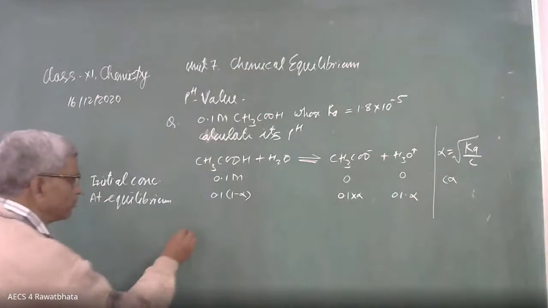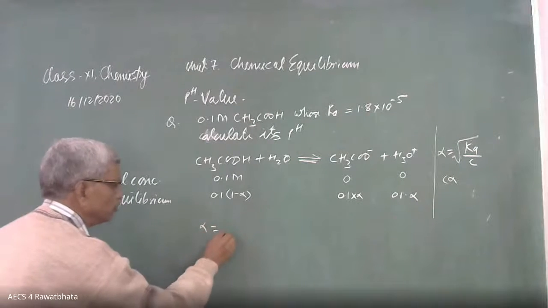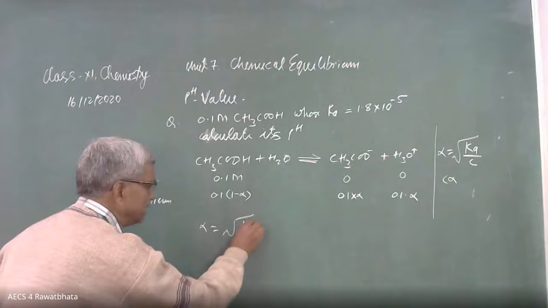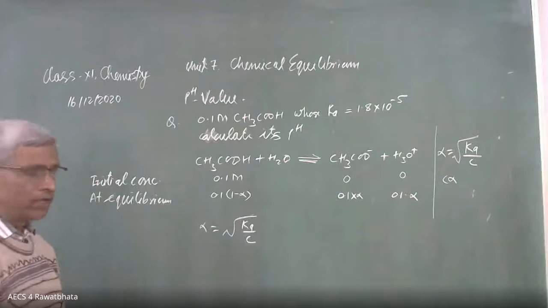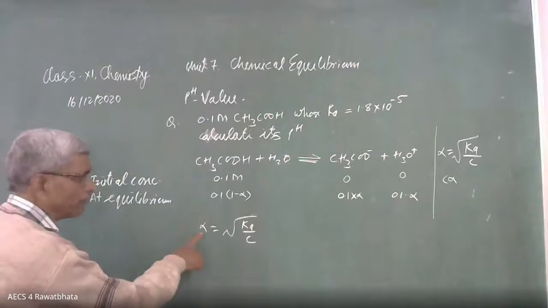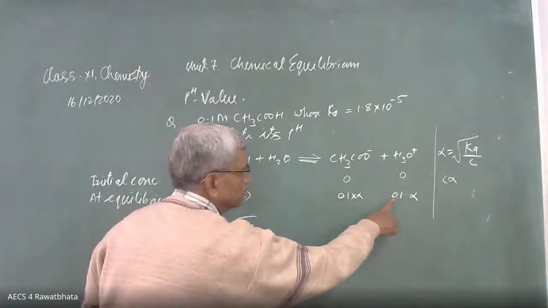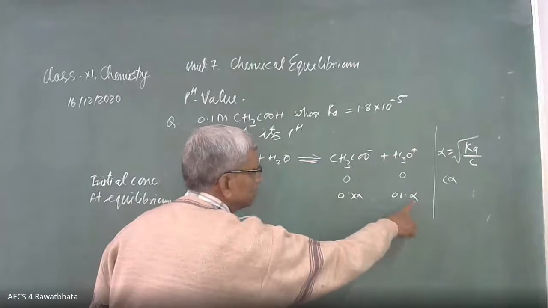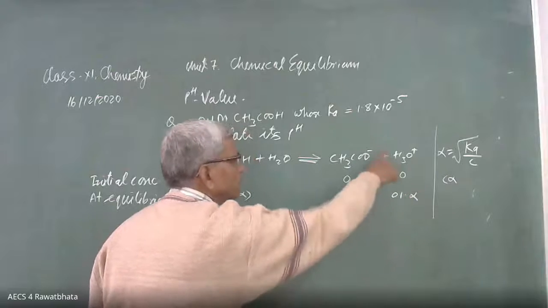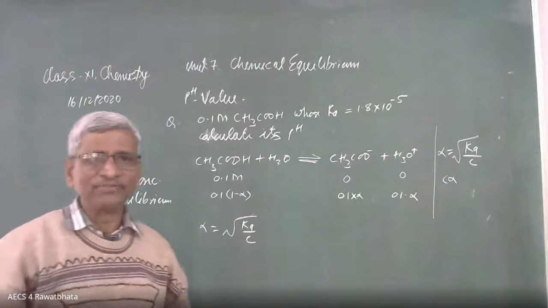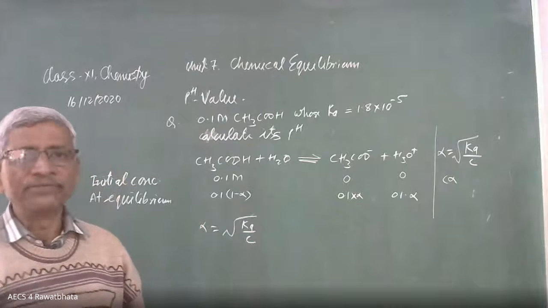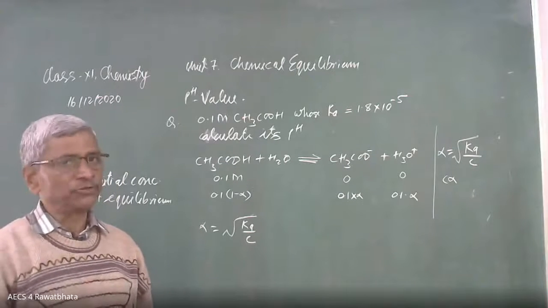Then alpha is equal to root over Ka by C. Okay, this is the formula. We are going to calculate alpha. Here C is known, 0.1. If alpha is known, then we can calculate the concentration of H3O positive. And then we can do the numerical. We can calculate the pH of the solution.